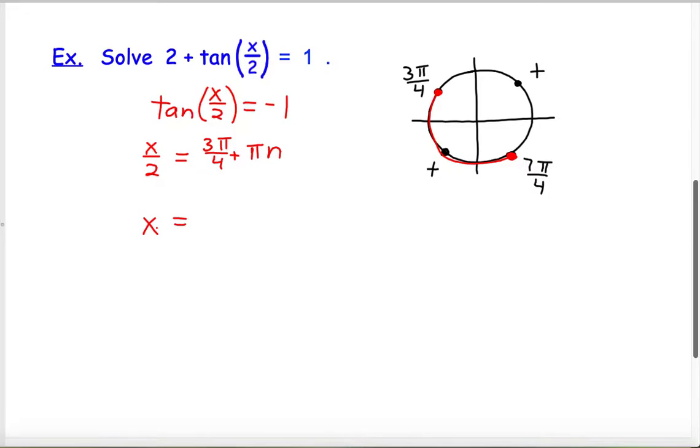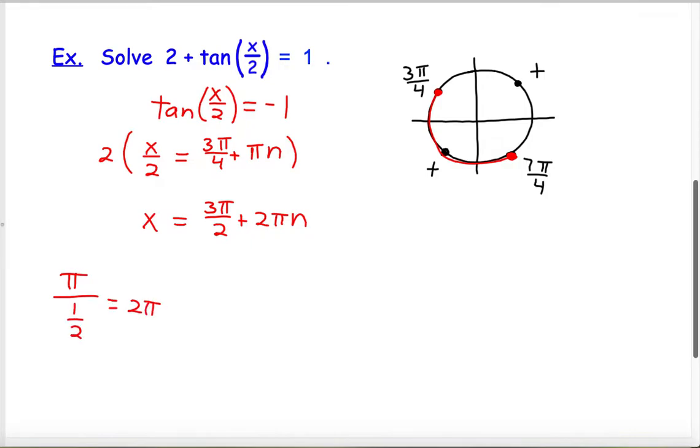And we're going to get x equals 3 pi over 2, because I'm multiplying everything by 2, plus 2 pi n. Notice the normal period for the tangent function is pi. If I divide that by the coefficient of x, which is 1/2, that gives me 2 pi.